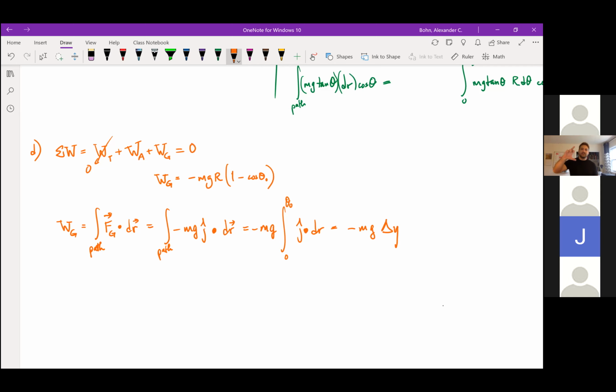It's the overall vertical displacement. When we integrate dr, that's the overall three-dimensional vector displacement. Dot with j, only the y component of the displacement survives. That's this. That's delta y.